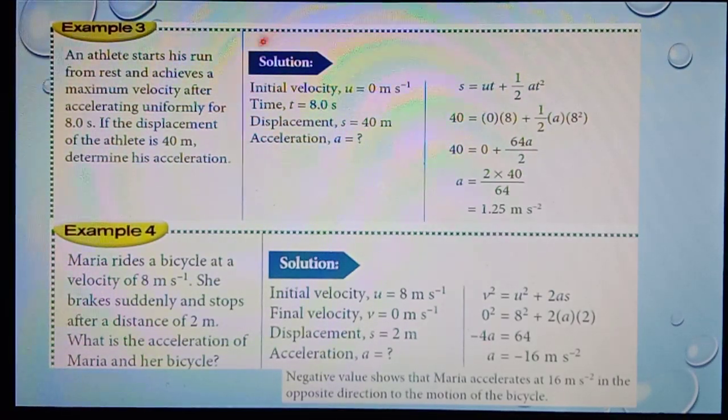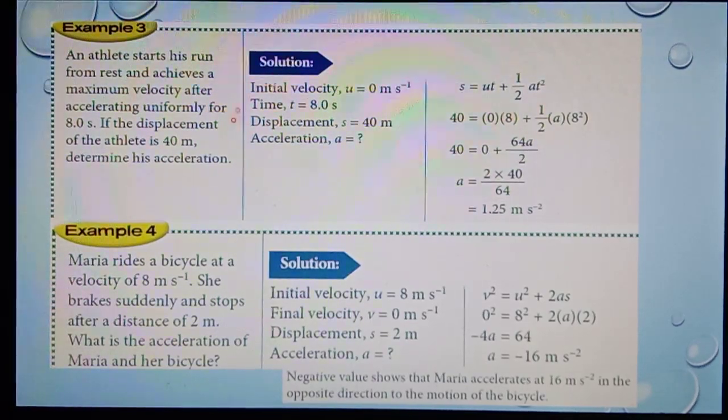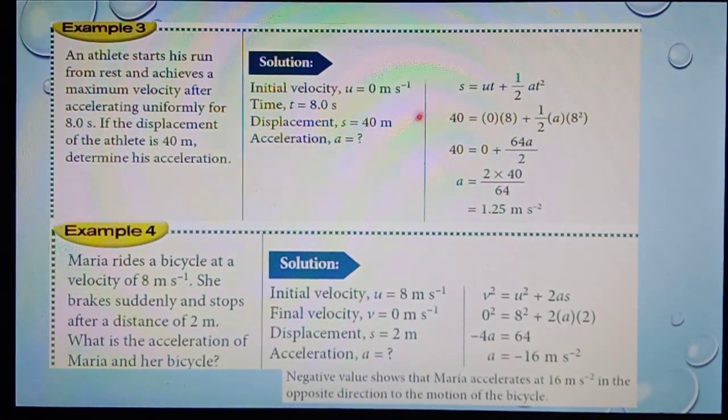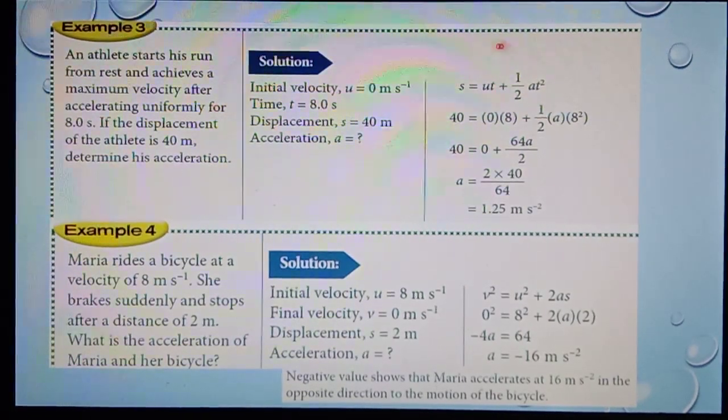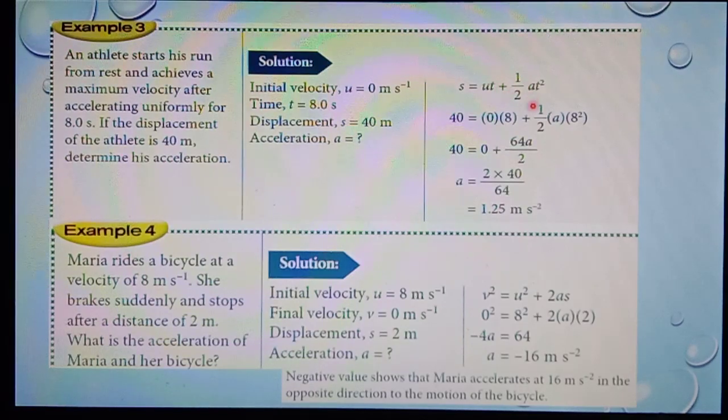So in this question, there's no v. We want to find acceleration. Okay, so use the third formula, this one. s equals to ut plus half at squared. Okay, because you want to find a.